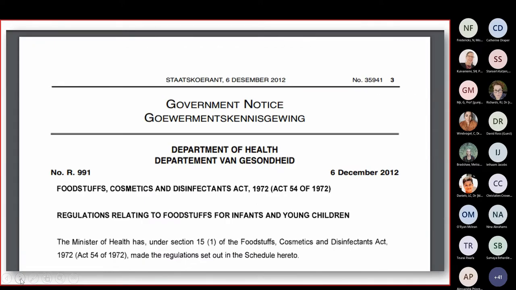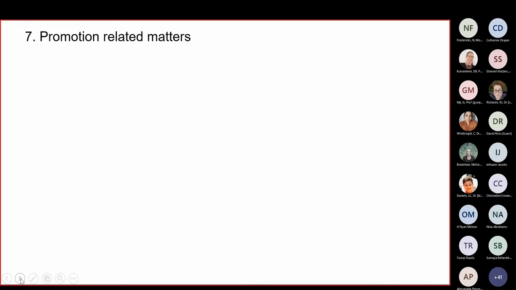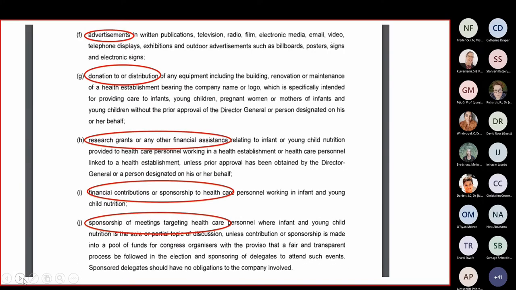So in South Africa, we had the regulations that Tanya referred to, and the regulations had specific sub clauses that catered particularly about how we had understood industry to be engaging with the scientific community and with health professionals. And in sub-clause 7, you have a number of very distinct clauses talking to advertisements and talking to publications.